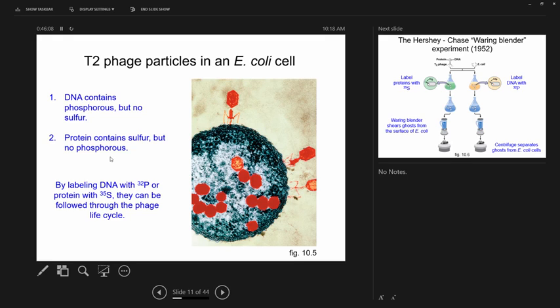What is radioactivity? It is when a nucleus is unstable. So usually in a nucleus, you have the same number of protons as you do neutrons.